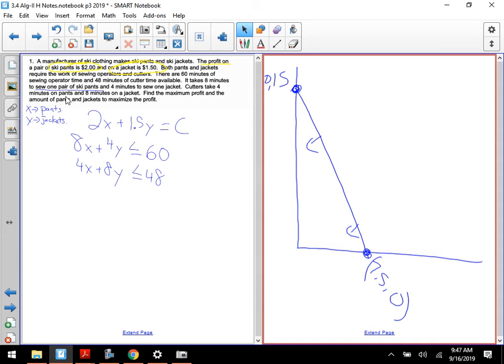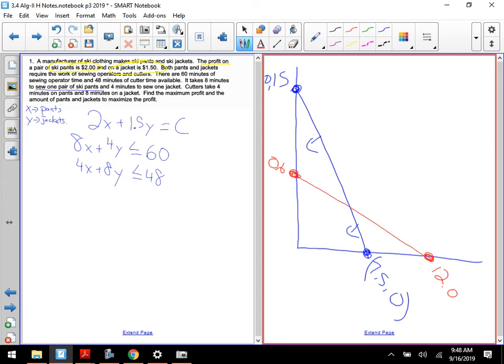So treat each one of them separately like we have been. And then again, for the other one, you have x and y intercepts of 12 and 6 respectively. X-intercept of 12, y-intercept of 6. So 12, and then 6. Yeah, and that one's moving inward again. Hey, looky, they ran into each other.